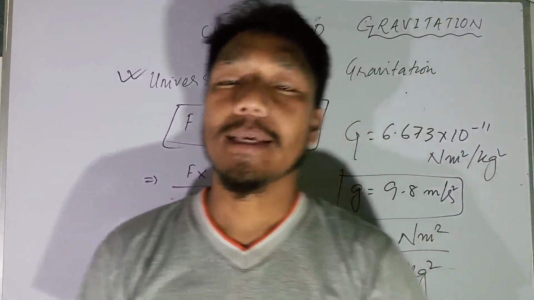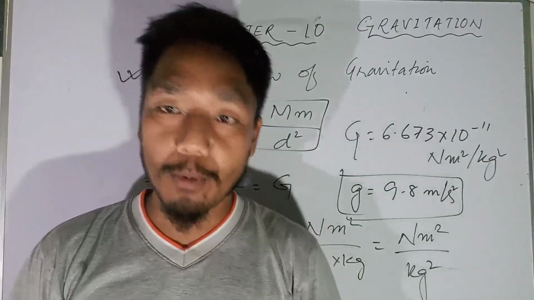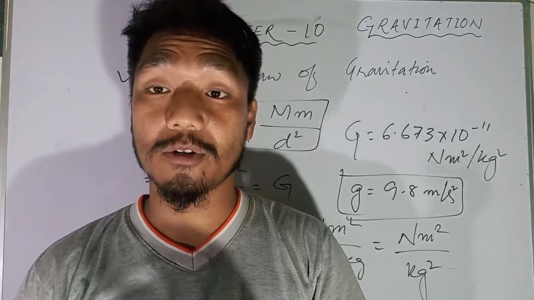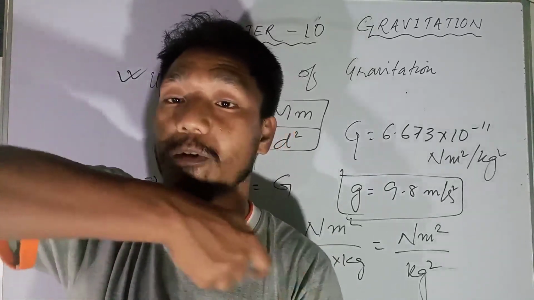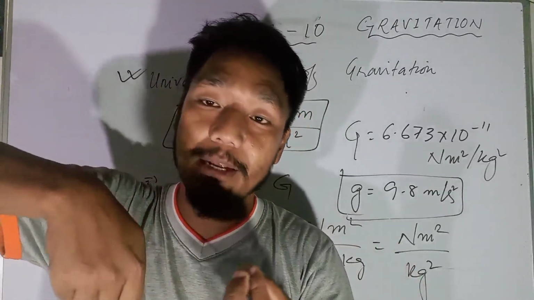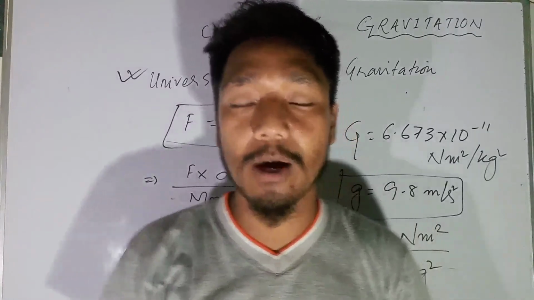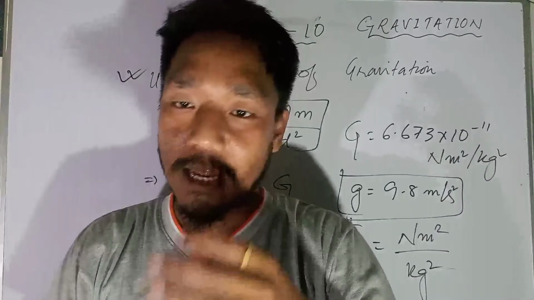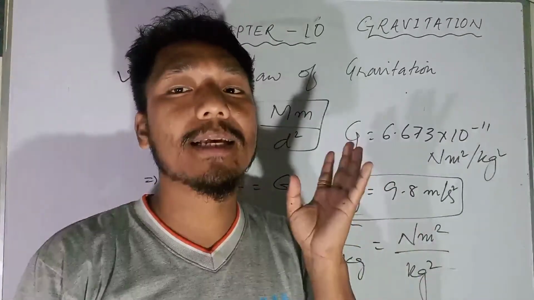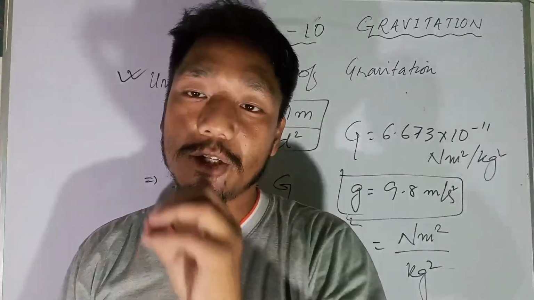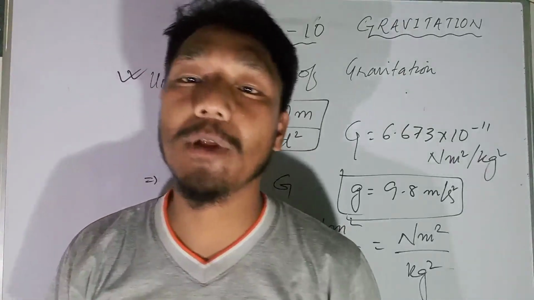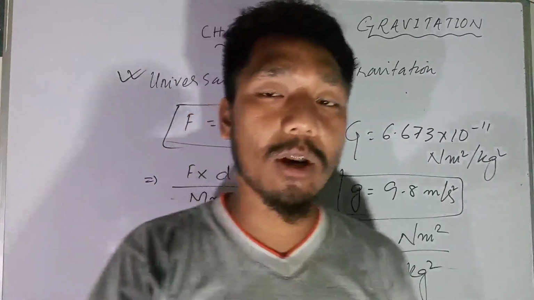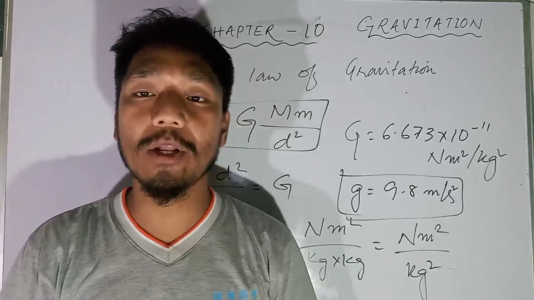Second, due to the gravitational force, the moon is revolving around the earth without any problems, right? Third, all the planets are revolving around the sun. Next, there is tidal energy due to the moon and the earth. So that is all about the importance.